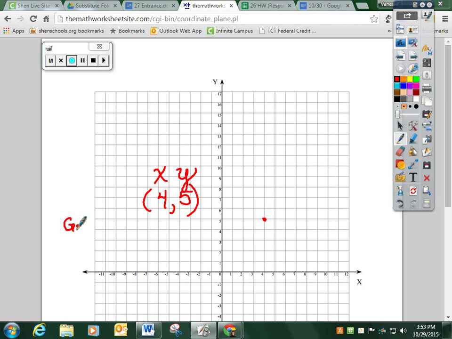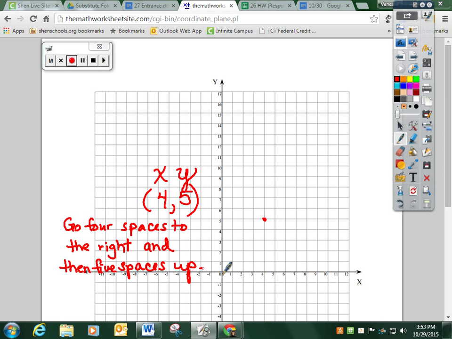I would go 4 spaces to the right. Hope you're copying this down. Pick up your pencils, everybody. And then 5 spaces up. That is a brief description of how to start at the origin, go over 4, and up to 5, or the point 4, 5. Okay?